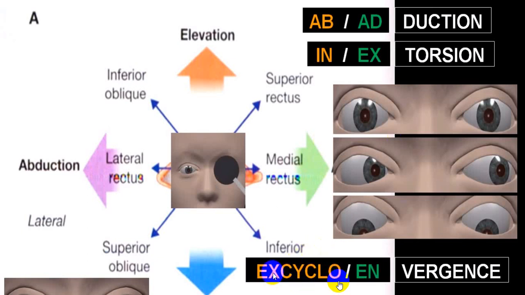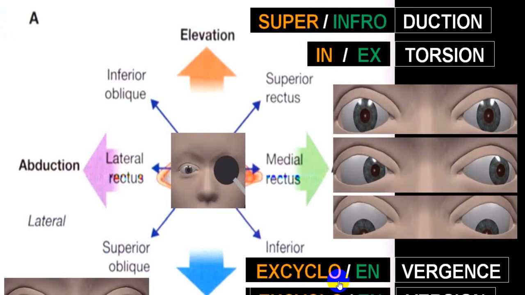Also, the words utilized are excycloversion and encycloversion. And during rotation, you use the word version. Another pair of words utilized is dextro and levo. Dextro means moving to the right side, levo means moving towards the left side. So, dextroversion, levoversion, and excyclo and encycloversion.